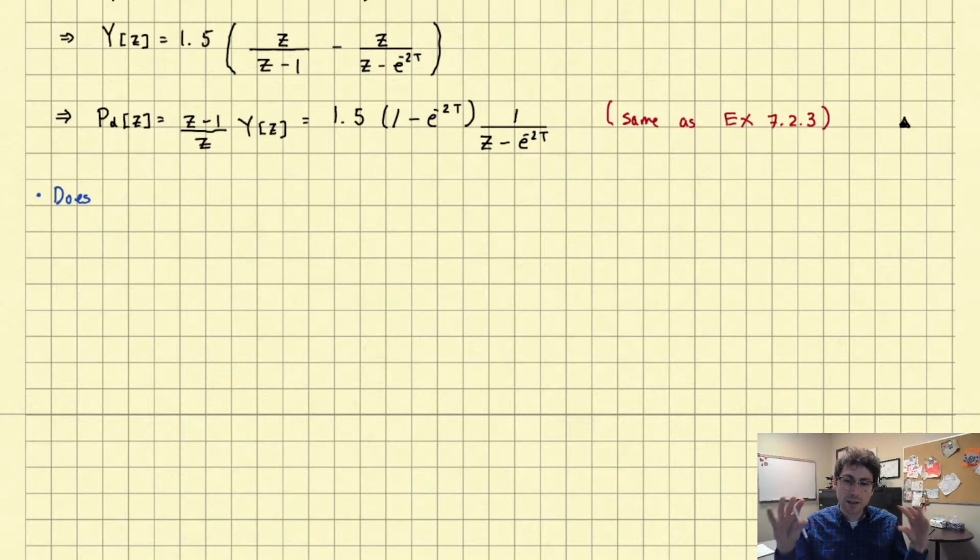And so a couple of questions to ponder. If I have two continuous time systems in parallel, and I try to discretize them, what does the discretization look like? So the question can be phrased this way. If I have two transfer functions, P1 and P2, you can think of this as a parallel connection.